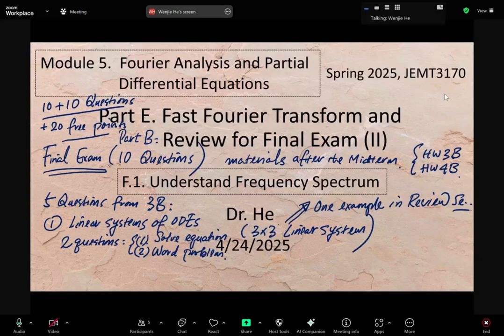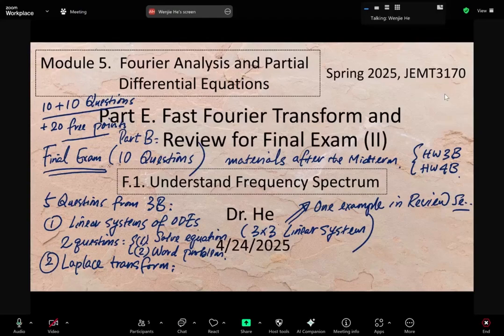The second topic is Laplace transform. We have half of the topic we haven't practiced, because in 3B we have only a few Laplace transform questions. That half is differentiation and integration, which we haven't tested at that time.